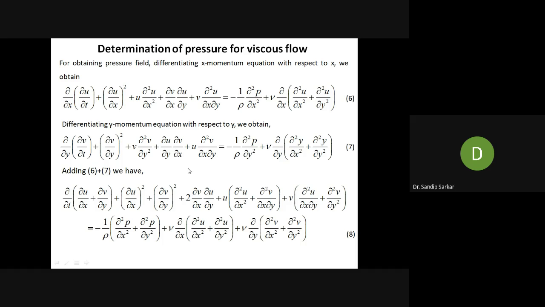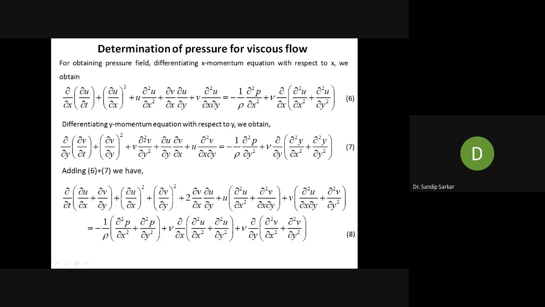Then ∂v/∂x ∂u/∂y and ∂u/∂y ∂v/∂x, so twice 2 ∂v/∂x ∂u/∂y. Then if we take u common, what is there? ∂²u/∂x² plus ∂²v/∂x∂y.